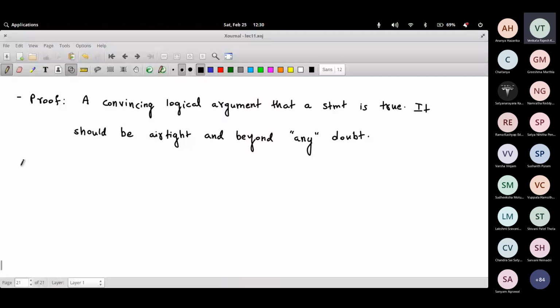And then what is a theorem? A mathematical statement that is proved to be true.